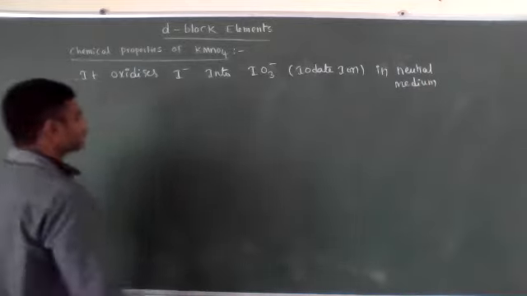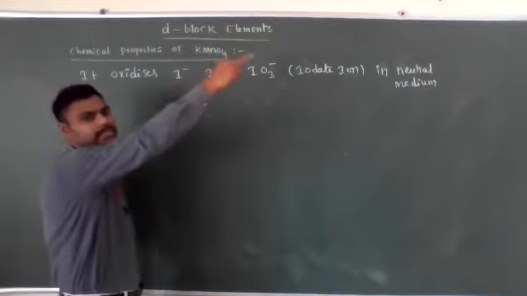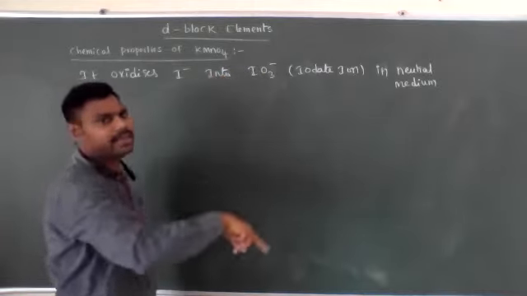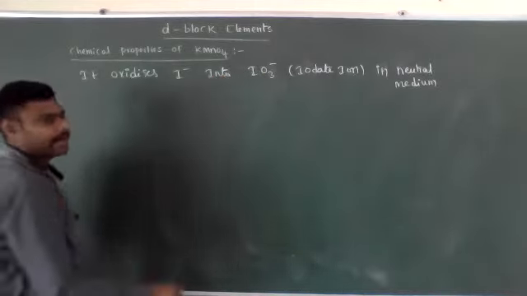See, in acidic medium I minus goes into I2, but in neutral medium I minus goes into IO3 minus, iodate ion.